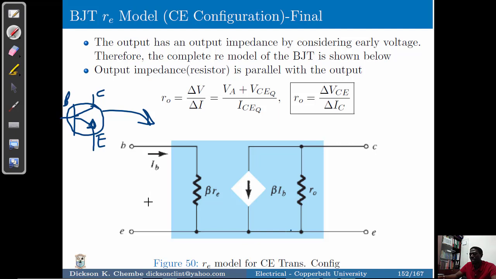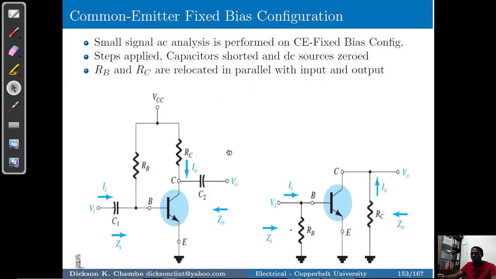And we can now check its parameters and play with the parameters, because we will now have a model which is clear in terms of parameters, in terms of figures, in terms of how to get the variables. Then we are now able to analyze these various circuits using that model.